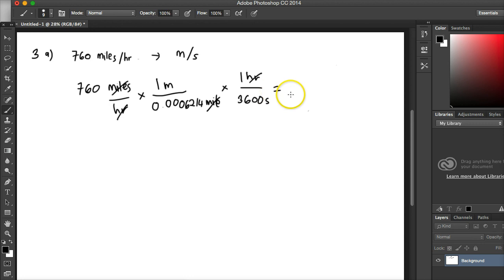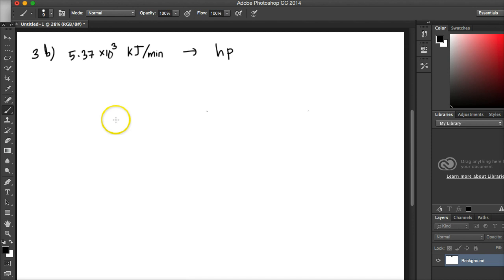So the calculated value is 340 meter per second. Alright, so that's question 3A, and then let's go to question 3B. So for question 3B, it wants us to convert kilojoule per minute to HP, which is a term of power.